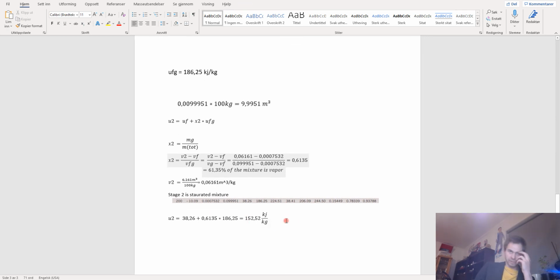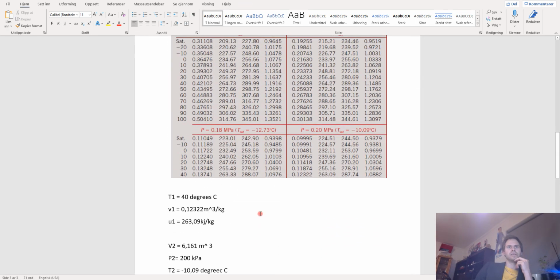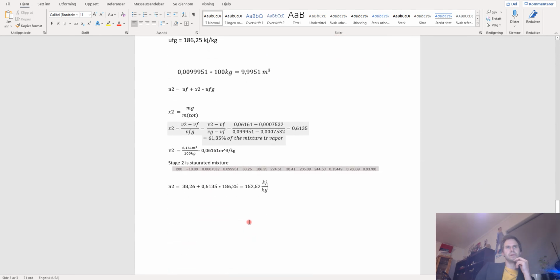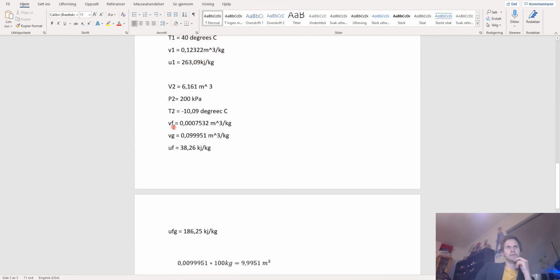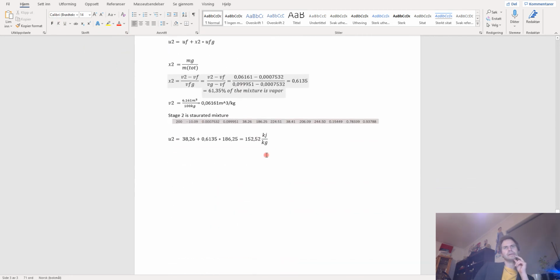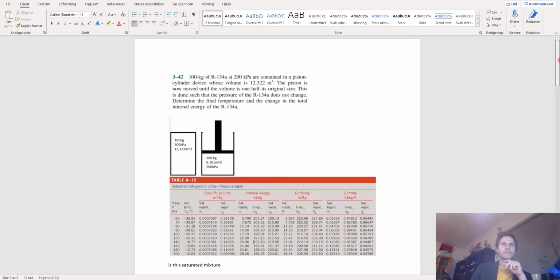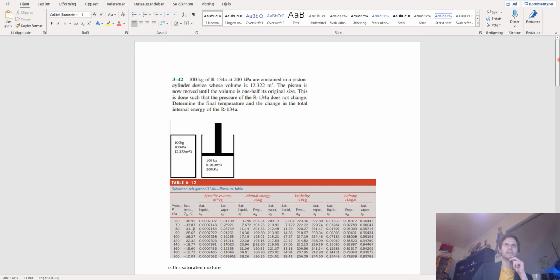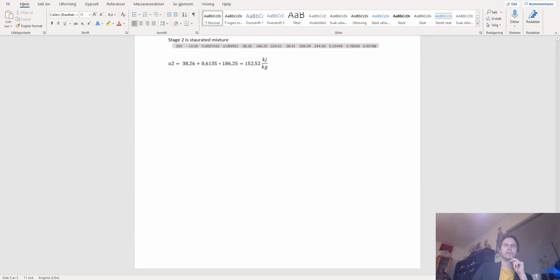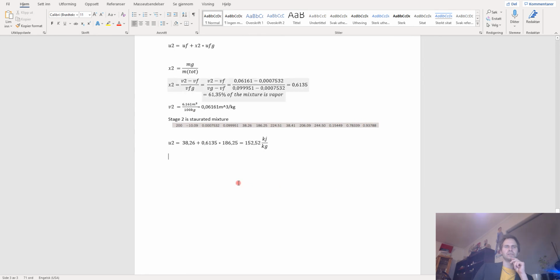And then we're not finished yet, because we need to find out, oh, here this is our answer that we need to highlight. The question was that we must find the change in total energy of the refrigerant.